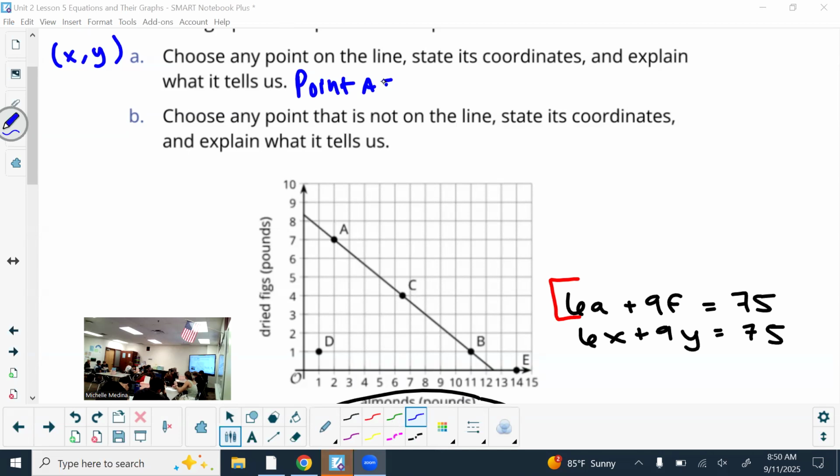Table 4, can you tell me the coordinates of point A? 2, 7, good. So that's 2 for the X, 7 for the Y. It always goes in the order X and then Y, just like that, with parentheses and a comma. If you chose C, class, what's the coordinates for point C?